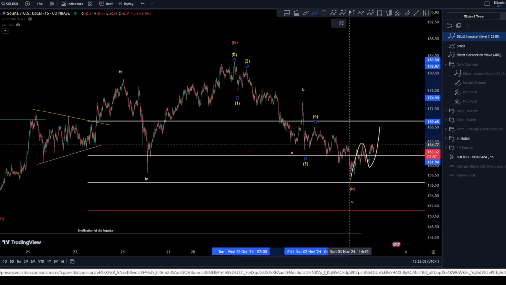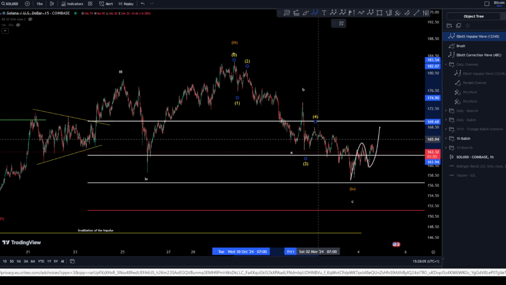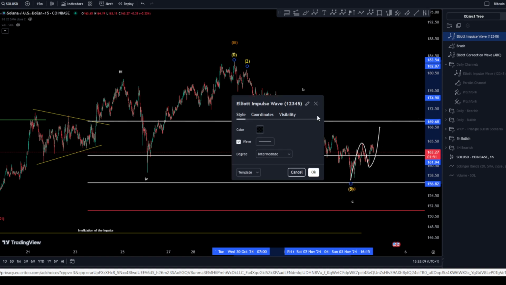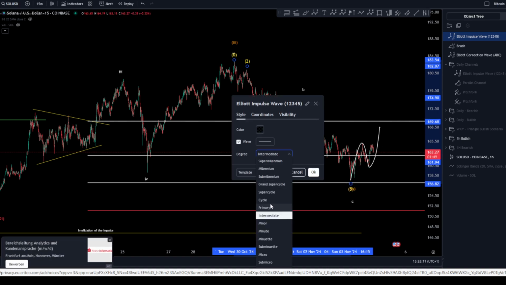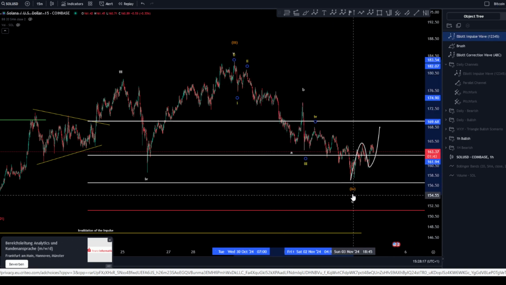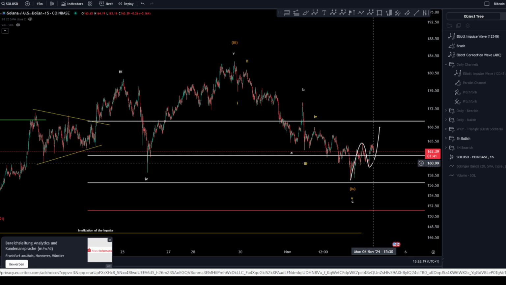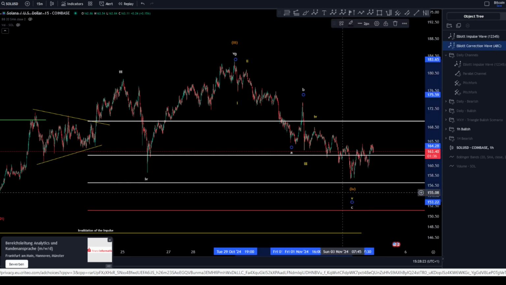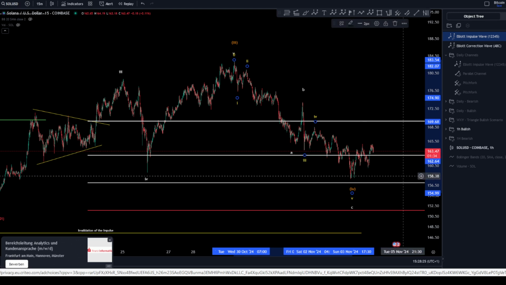Your wave 4 did not interfere with your wave 1 that we see here, so it's a perfect impulse. It is the same as Bitcoin. We have both possibilities. It is very possible that we finished an impulse, and very possible that we finished an ABC. So which one is it going to be?